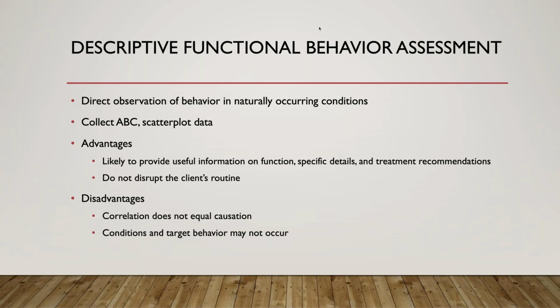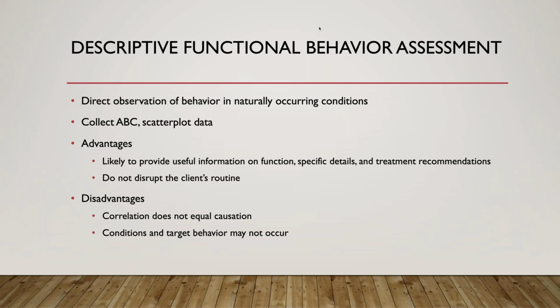If you give someone a scatter plot and you see that at noon we're having a lot of these behaviors, then you come in at noon and sit back in the corner and observe, recording the antecedents, the behaviors, and what happens after the behaviors, and see if that information points to a function of behavior.